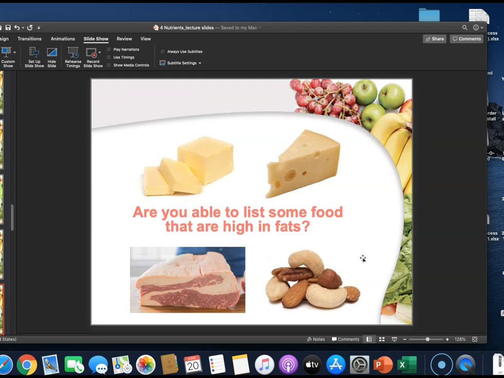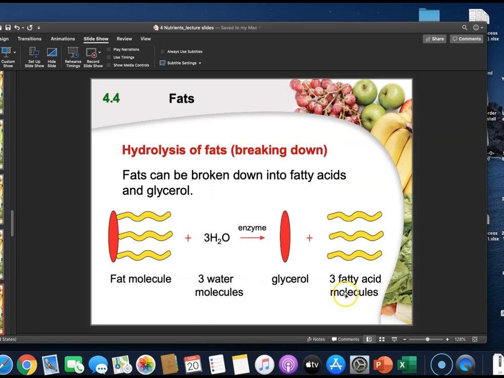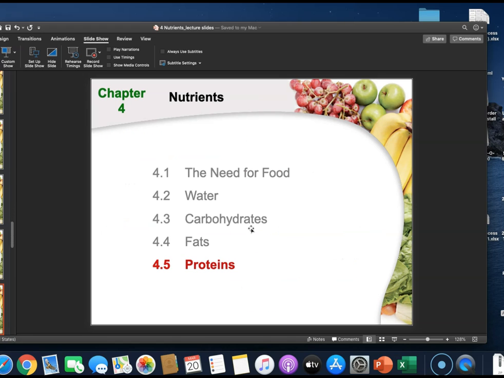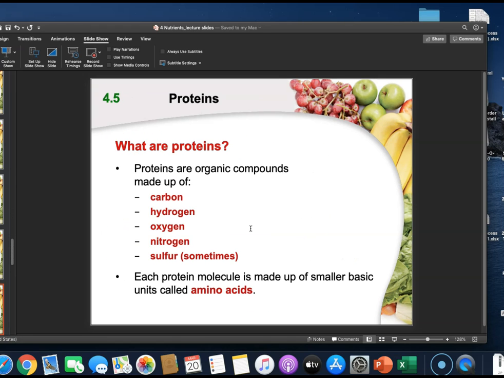We also covered the types of food that contain a lot of fat, your butter, your cheese, your meat, your nuts. We also covered how to break down fat. So we need to use an enzyme. The name of the enzyme, we will talk about in your chapter of digestion. We also mentioned what proteins are, and we said that proteins are made up of the 3 same elements that make up your carbohydrates and fats, carbon, hydrogen, and oxygen. But the new ones only inside protein are nitrogen and sulfur.